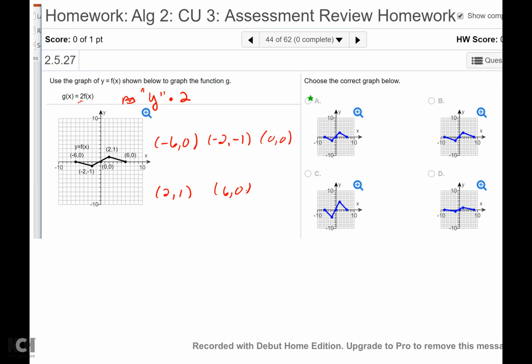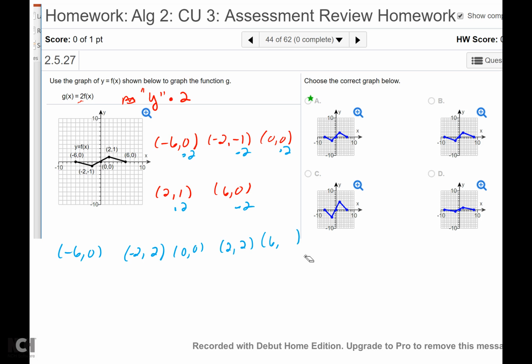And all this says, again, is multiply your y's by 2. So times 2, times 2, times 2, times 2, times 2, I get negative 6, 0, negative 2, positive 2, 0, 0, 2, 2, 6, negative 2.